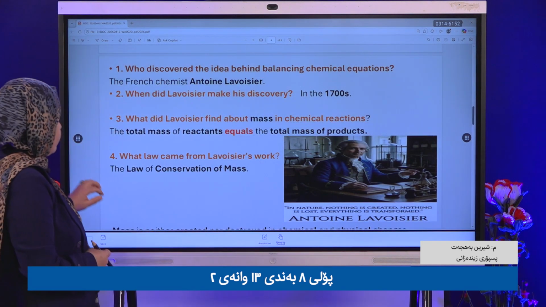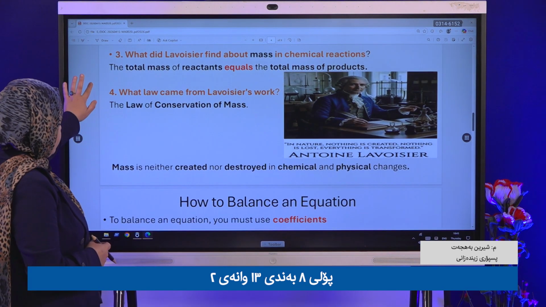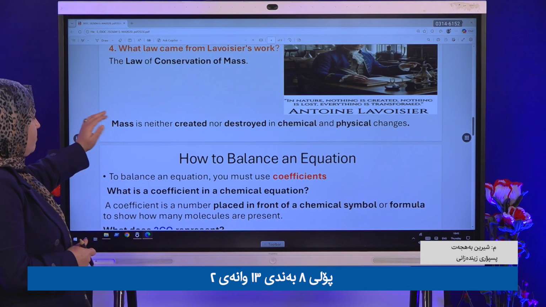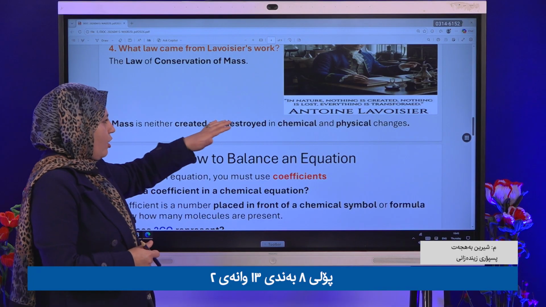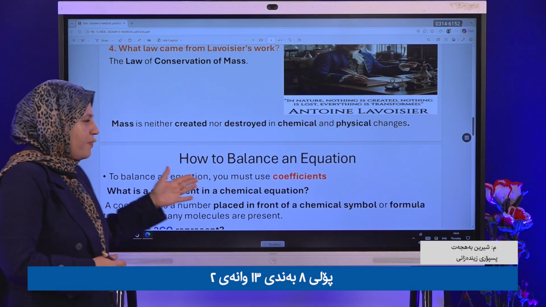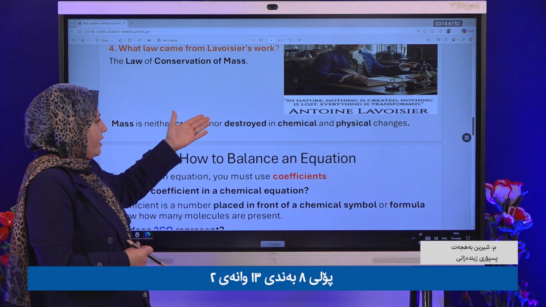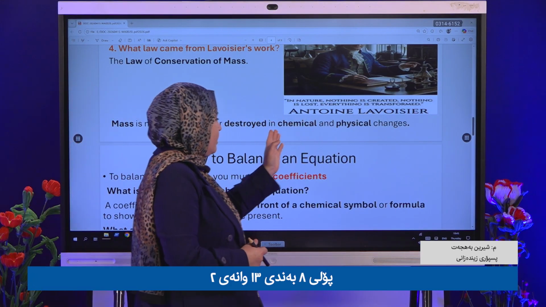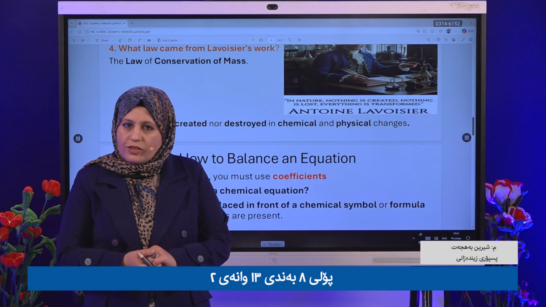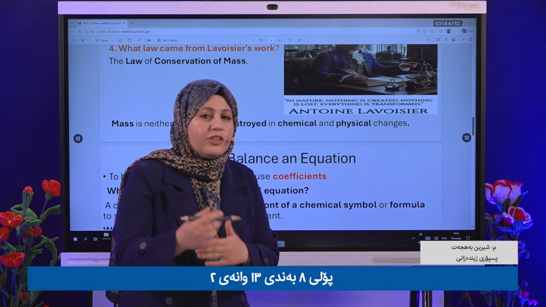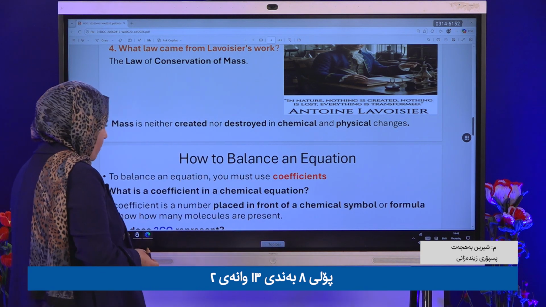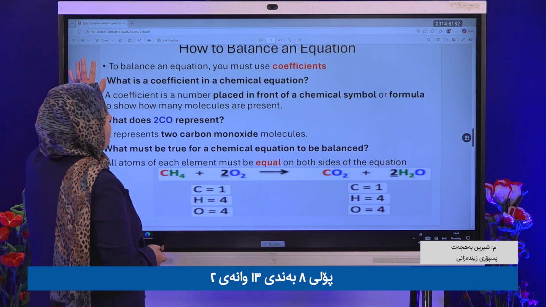Mass is neither created nor destroyed, which means nothing is lost or gained, it stays the same, in chemical and physical changes. It is only rearranged. Okay.